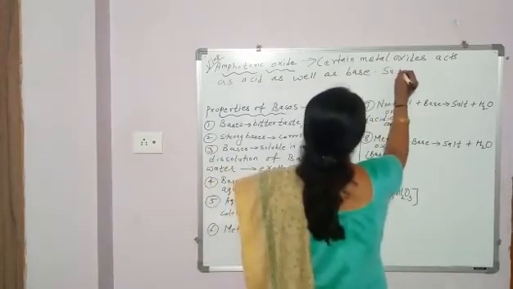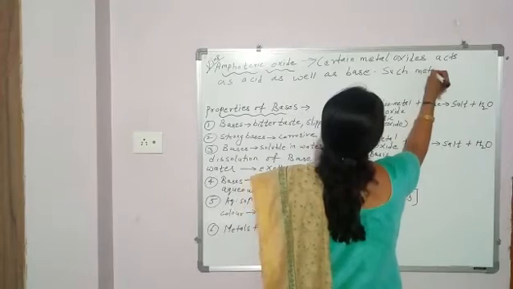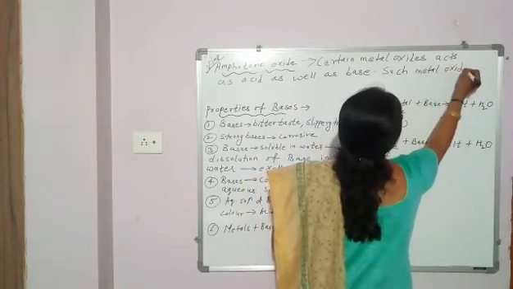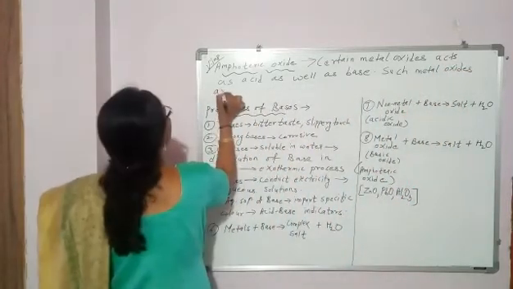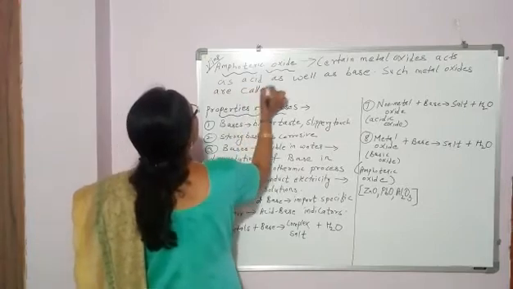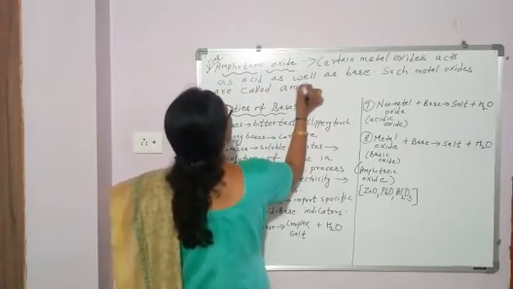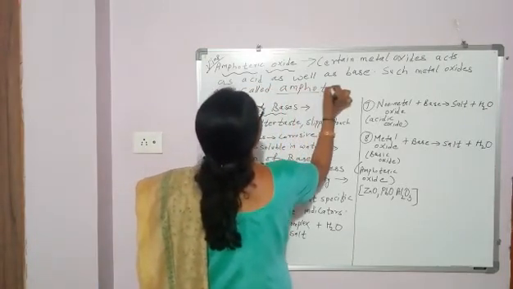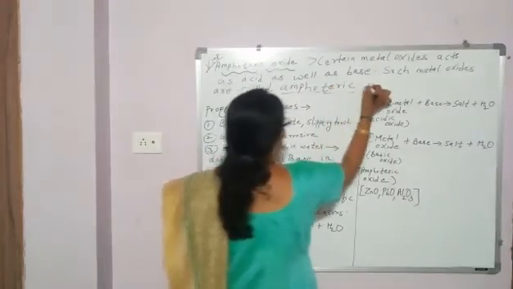Such metal oxides are called amphoteric oxide.